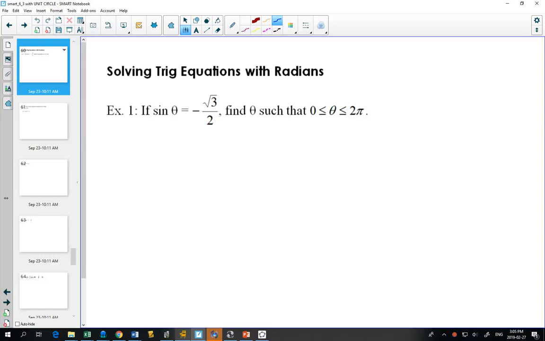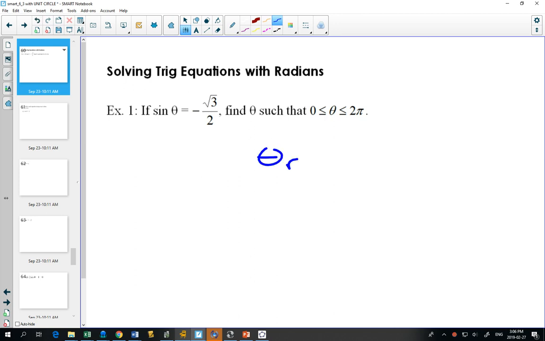Now that you've memorized your unit circle, you can solve some trig equations in radians or degrees without your calculator. So first of all, in this question, sine of theta is equal to negative root 3 over 2. Is root 3 over 2 on your pie plate? Yes.